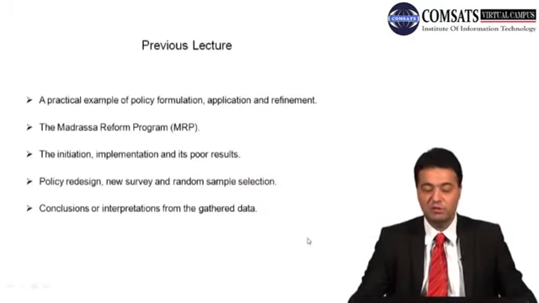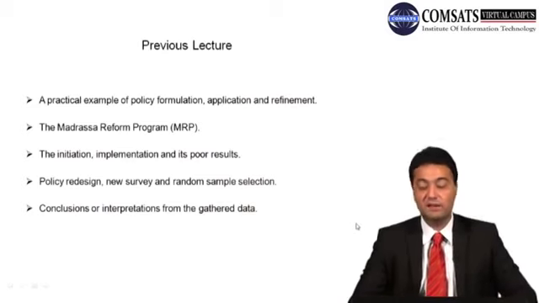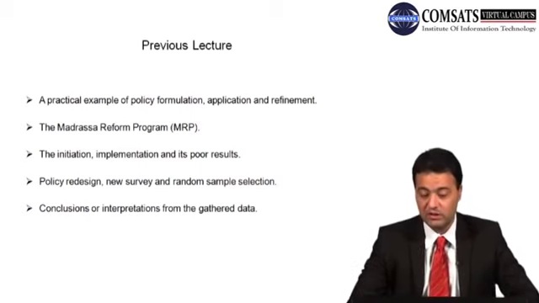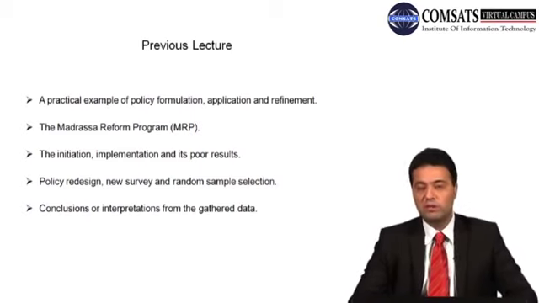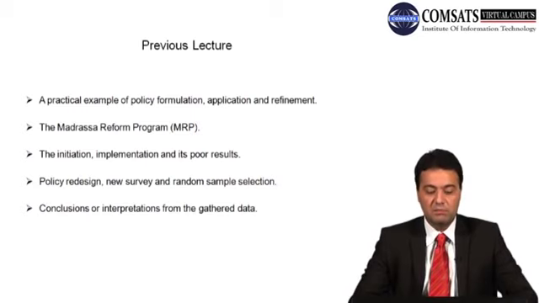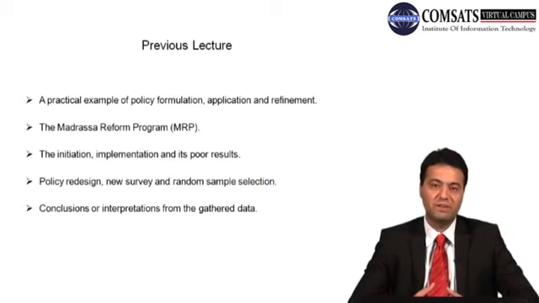First of all, the previous lecture: what we studied in it was a practical example of policy formulation, application and refinement. It was the Madrasa reform program. The initiation, implementation and its poor result, what happened when it was designed, what happened when it was implemented, and ultimately we saw that at the end of the program, the proposed first phase, that was from 2003 to 2007, results were pretty bad.